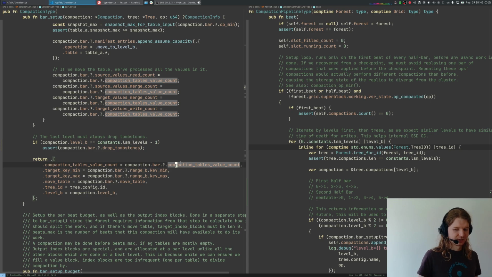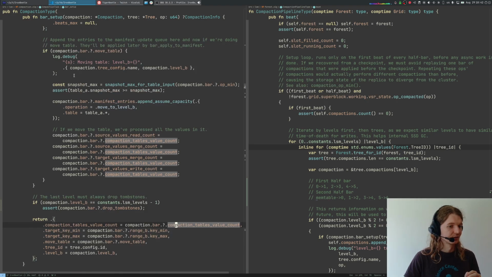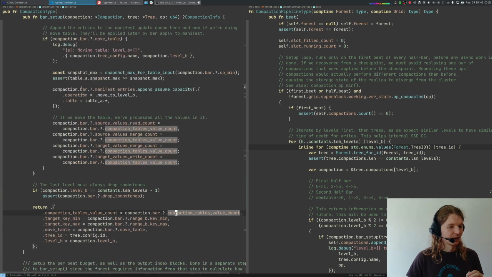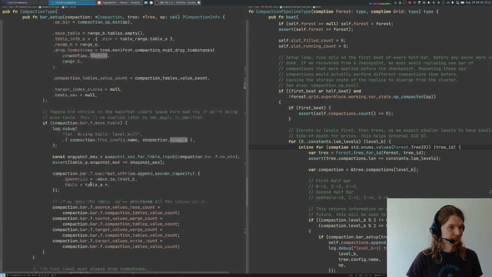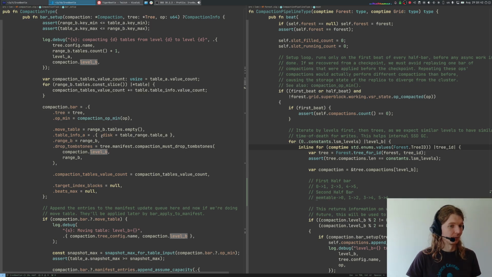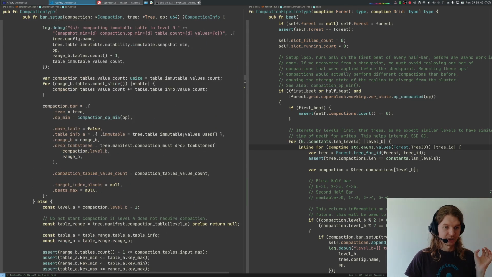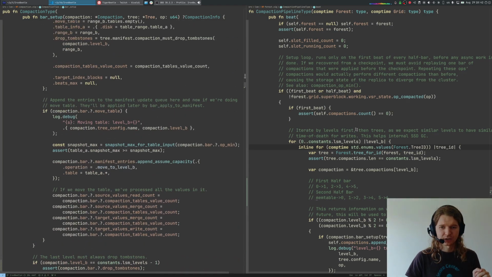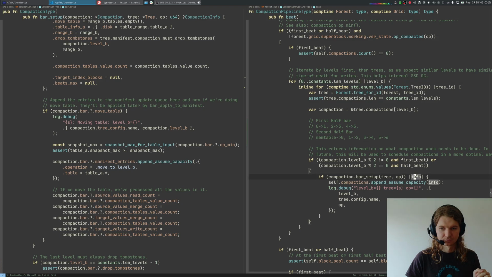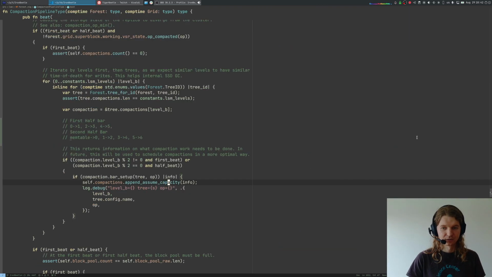So we decided that, hey, we want to run a particular compaction, and it is a compaction for this level, and it compacts from this table or in-memory table to this range of tables. And that sort of completes the bar setup. And we store the result in our compactions array.